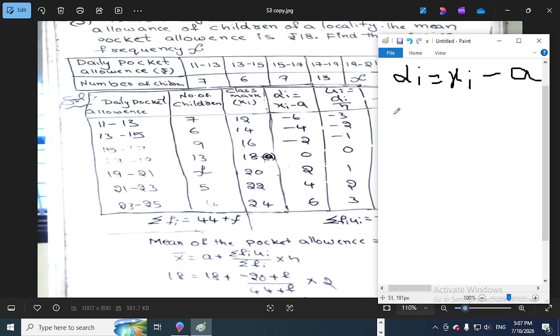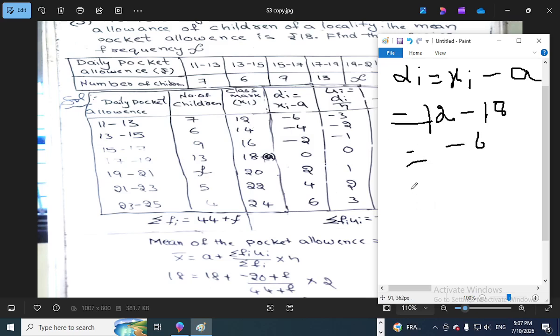So the first class here, 12 is the class mark and assumed mean is 18. So the deviation between these two is minus 6. Here we have written the minus 6 as the first class deviation.